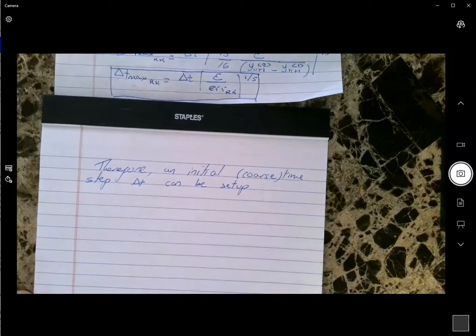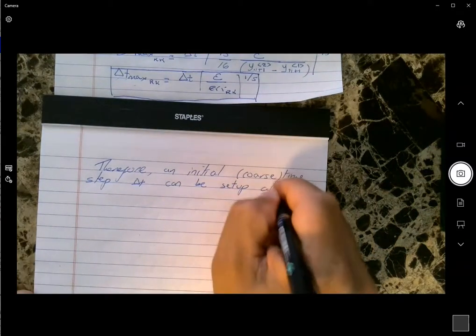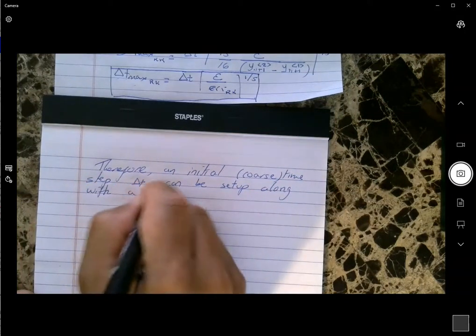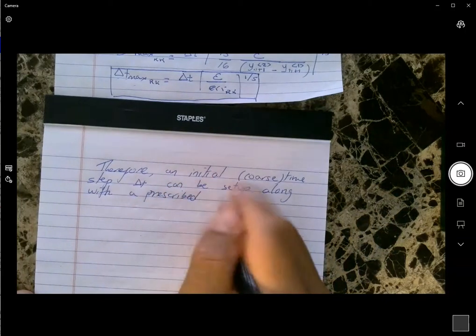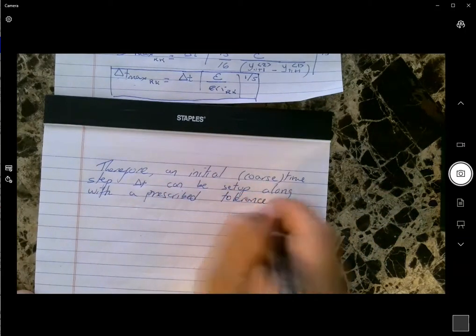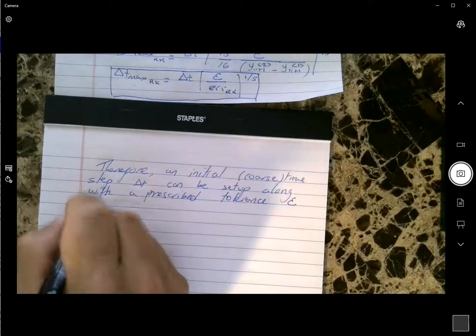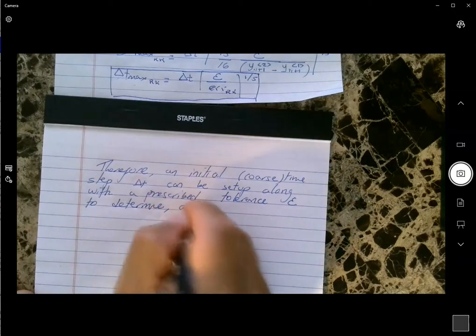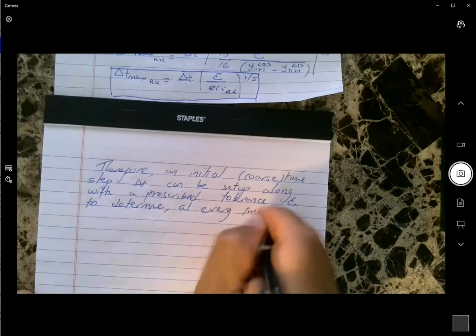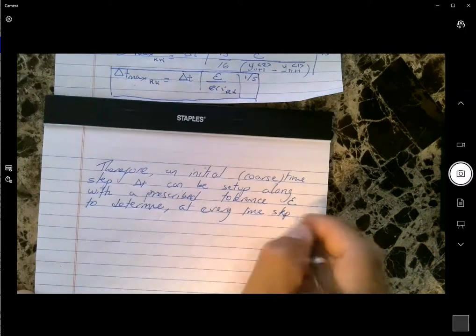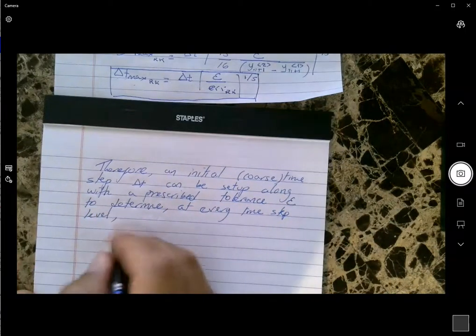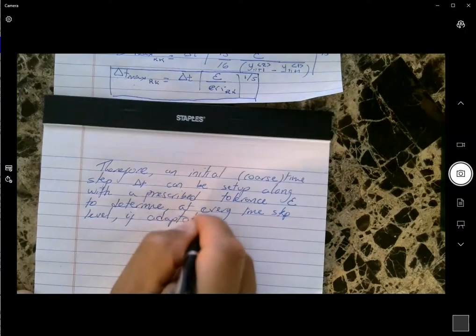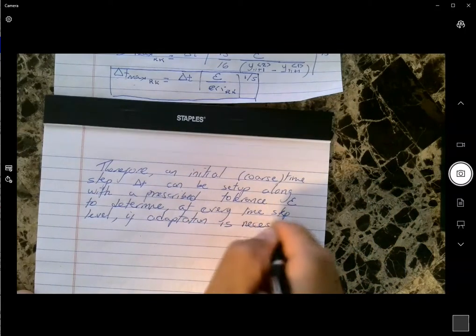Okay, so we can start with a large delta T along with a prescribed tolerance epsilon to determine at every time step level, or every time level, if adaptation is necessary.